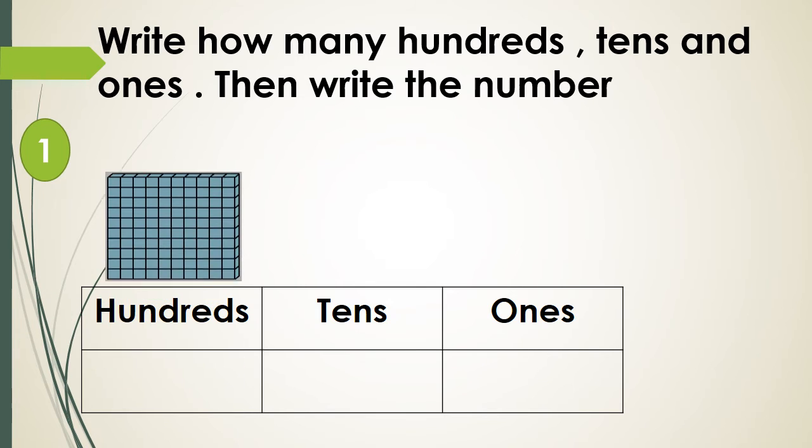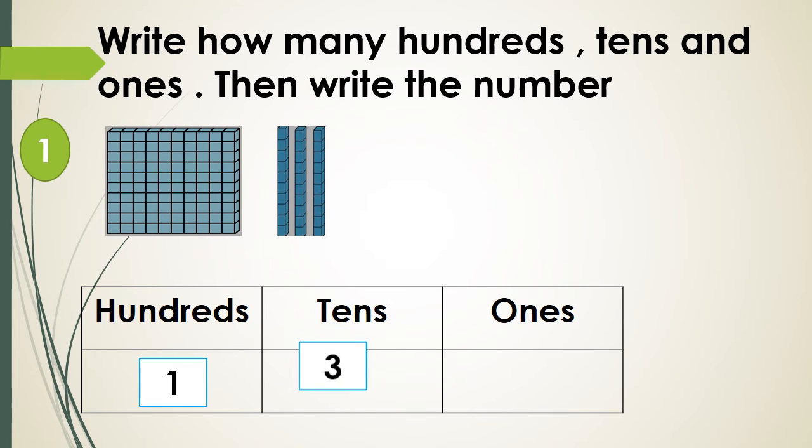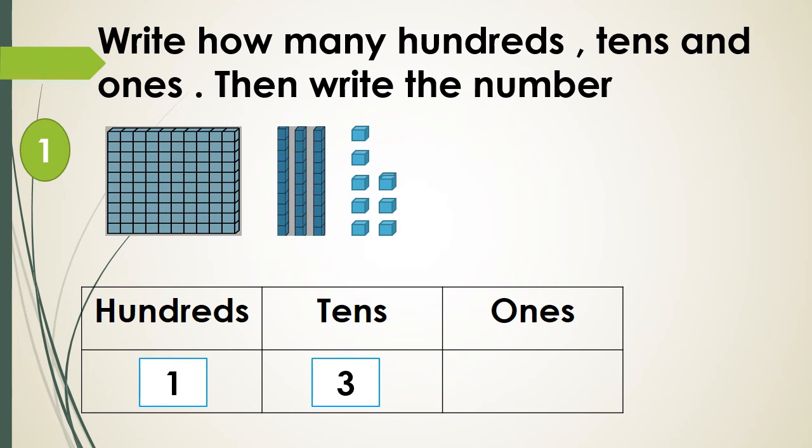Look, I have 100. I write 1 under the hundreds digit. I have 3 tens. I write 3 under the tens digit. How many ones do you have? I have 1, 2, 3, 4, 5, 6, 7, 8, 9.